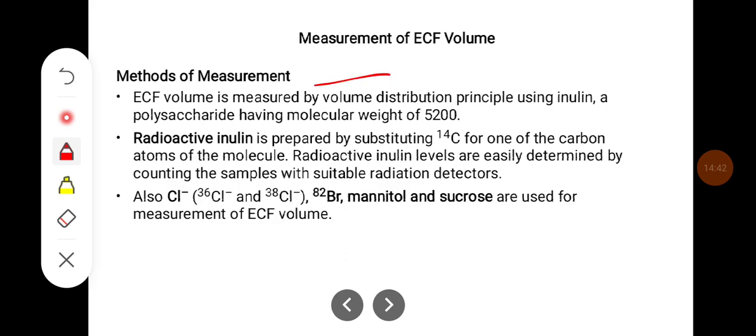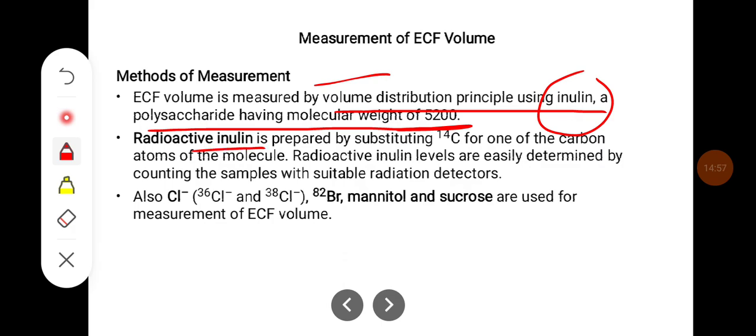Methods of measurement. The ECF volume is measured by the volume of distribution principle using inulin, a polysaccharide with a molecular weight of around 5200. Radioactive inulin is prepared by substituting 14C for one of the carbon atoms of the molecule, and its levels are easily determined by counting the samples with suitable radiation detectors.